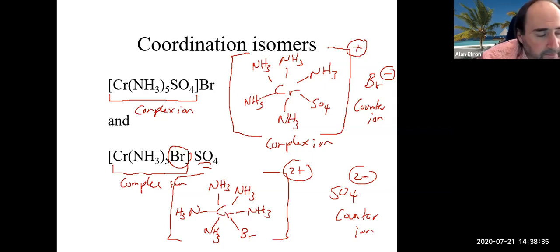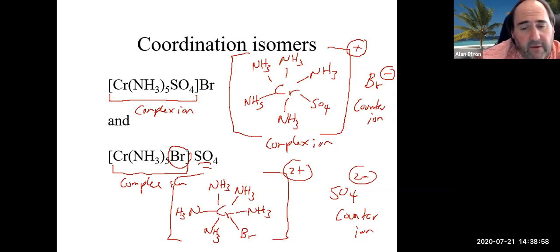So although they're made up of the exact same amounts of everybody, there's actually some difference in how they're put together. In the first one, the sulfate is actually part of the complex ion, while in the second one, the bromine is part of the complex ion, and they switch in terms of counter ions.